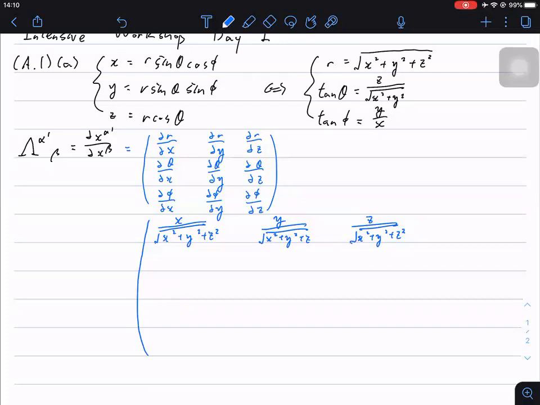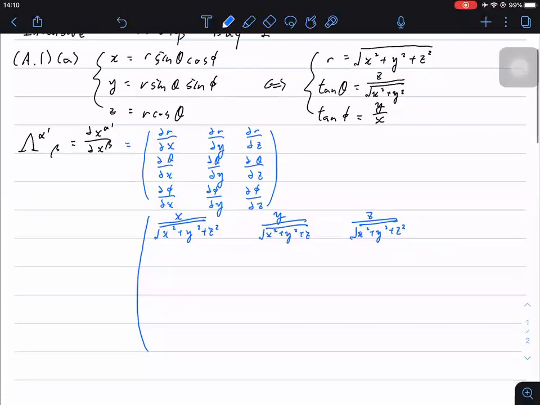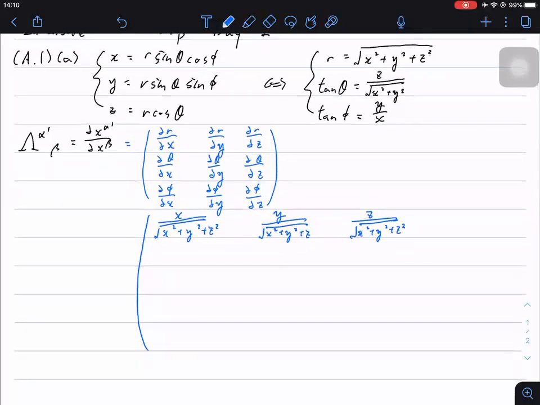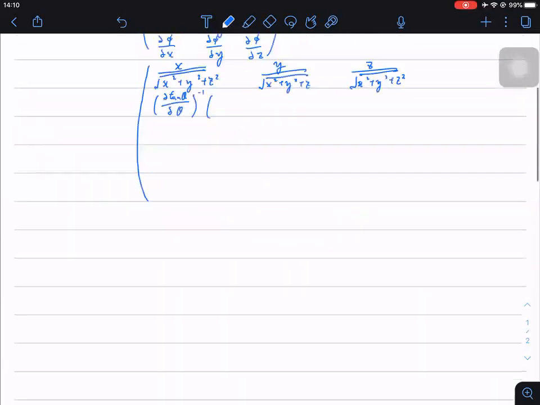Okay, so for the next term, partial theta partial x, you can just do the chain rule. First of all, okay, let me write this way. Oops.